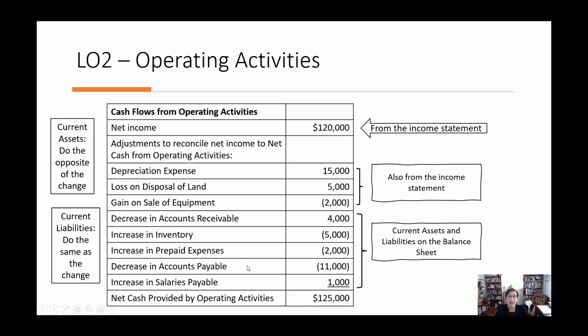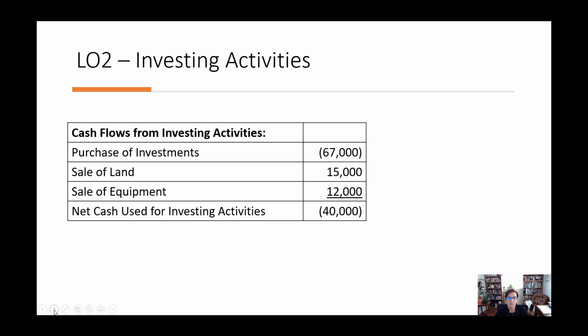So if accounts payable went down, that means we paid more money, right? So we have to subtract it. So a decrease is a minus and an increase is a plus for current liabilities, okay? So remember, current assets, you do the opposite of the change. Current liabilities, you do the same as the change.